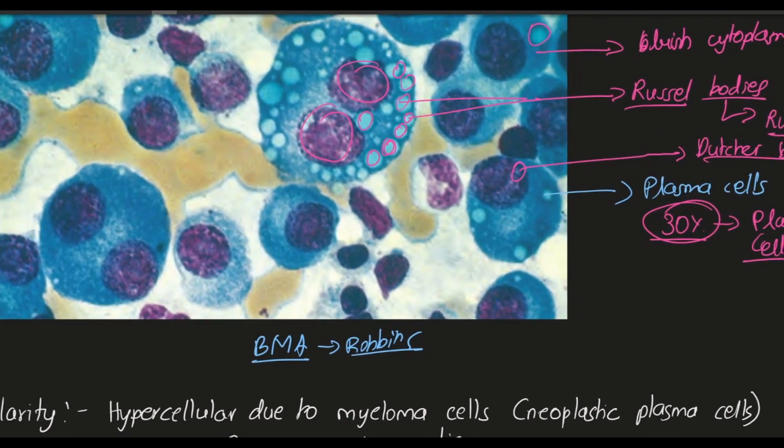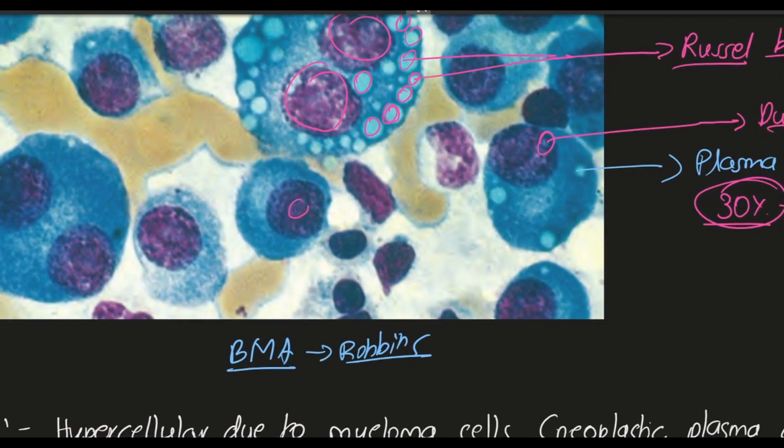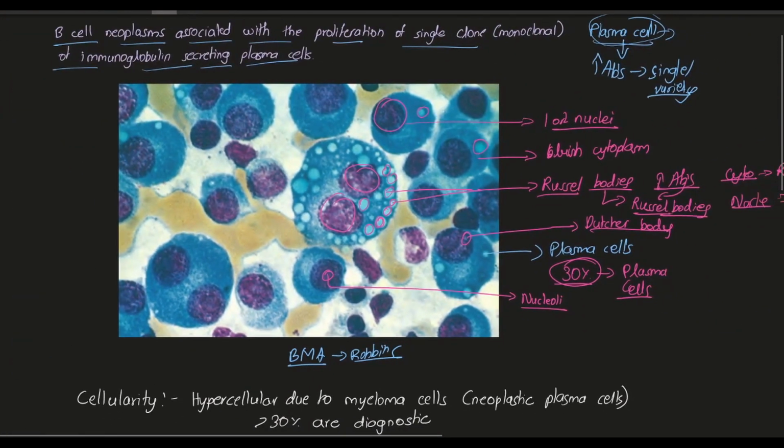If you observe a little bit closely, then you may notice prominent nucleoli, and this beautiful cell that lies in the center of our slide is called a Mott cell.